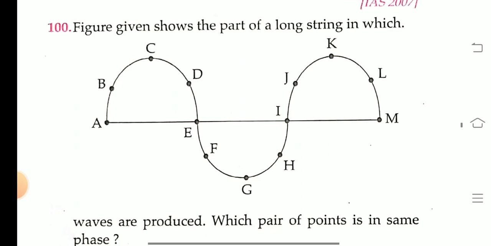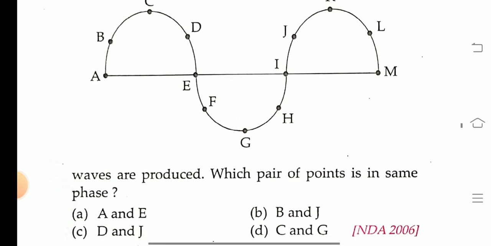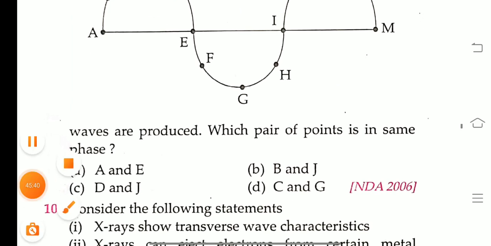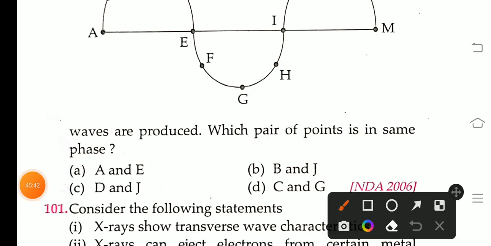Next, the figure given shows the part of a long string in which waves are produced. Which pair of points is in same phase? Right answer option B, B and J.